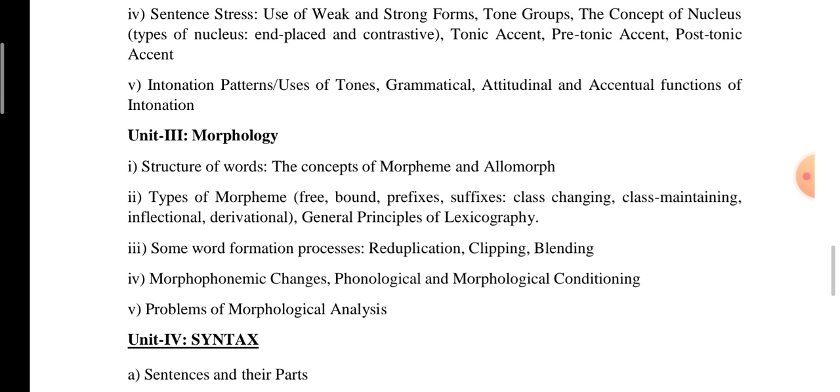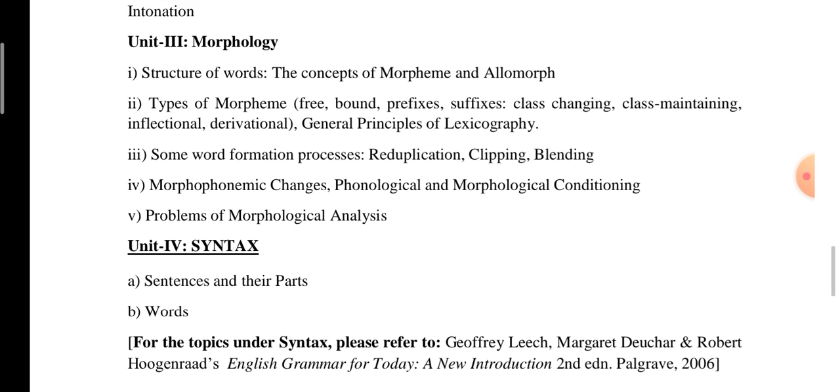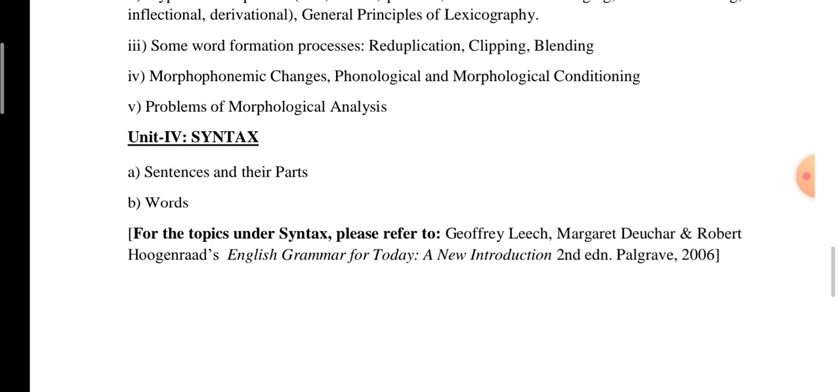Then some word formation processes, reduplication, clipping, blending, morphophonemic changes, phonological and morphological conditioning, and problems of morphological analysis. The last unit is syntax, in which the first content is sentences, then parts, then words.